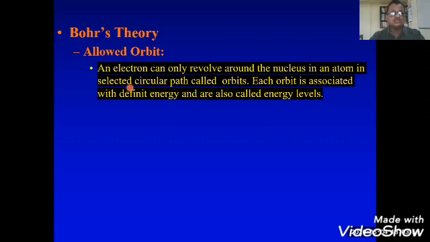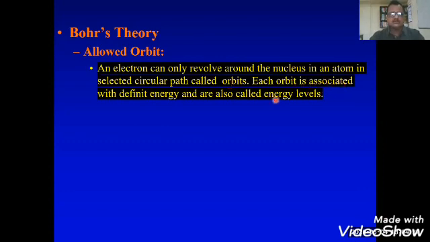But Bohr put some restrictions, and he postulated that the electron will revolve around the nucleus only in some selected circular paths which were called orbits. So the word orbit was introduced by Bohr. And what is an orbit? An orbit is a selected circular path around the nucleus in which the electron can revolve.